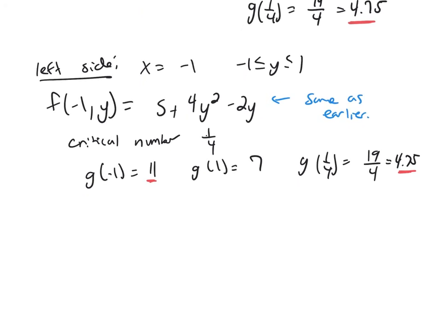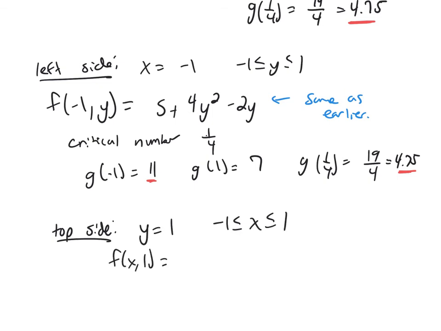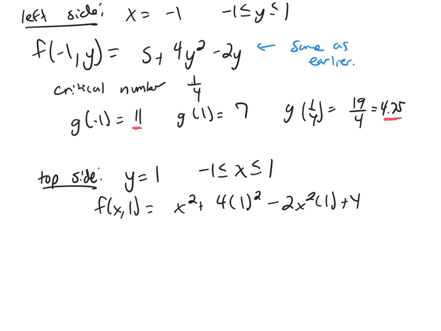And now you're going to repeat again this for the top side. Y is 1, x is between -1 and 1. So now you're going to plug in 1 for y. And now we get a function with just x in it. I'll call it h of x, which is 8 minus x squared.